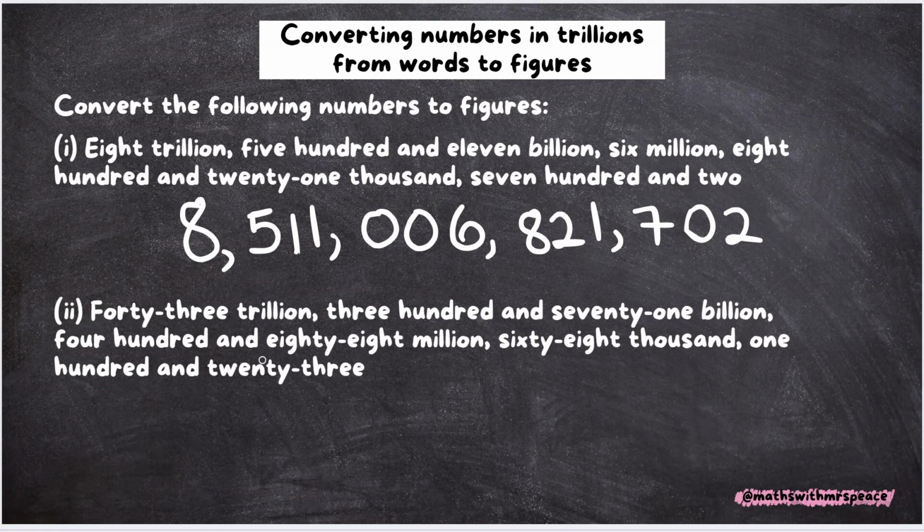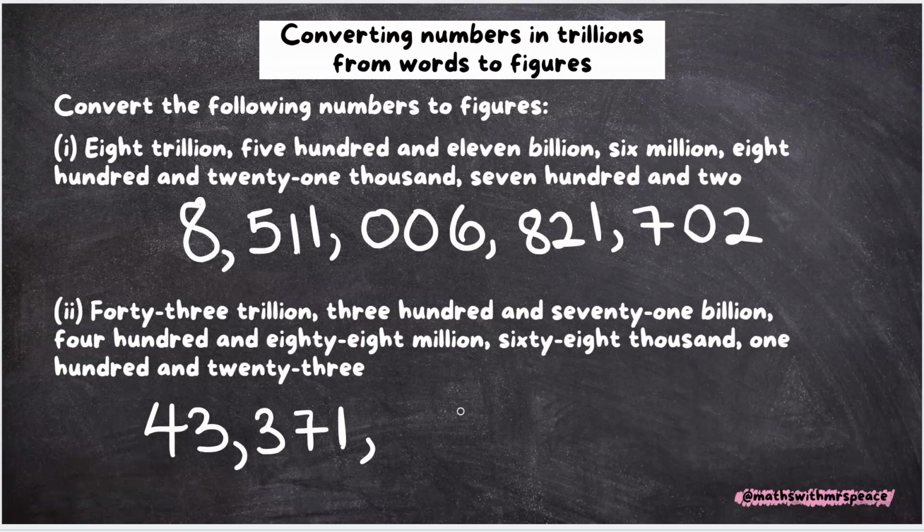Let's do the second example together. We have 43 trillion, comma, 371 billion, that's 371, comma, 488 million will be 488 million, comma, 68,000.